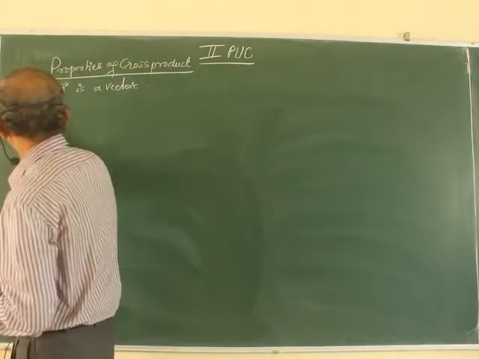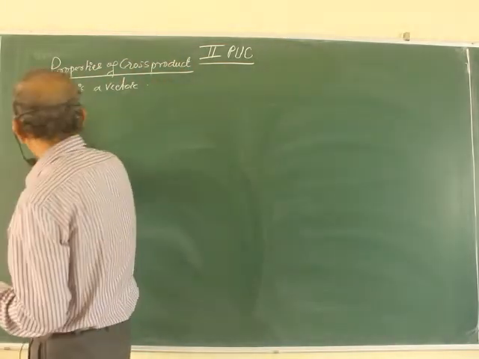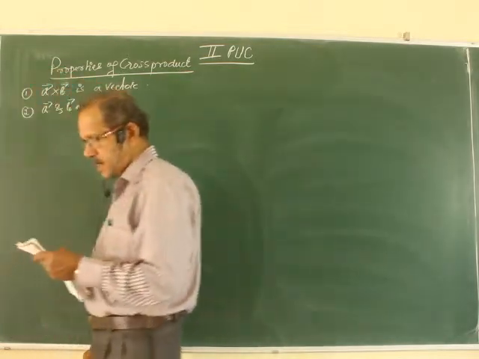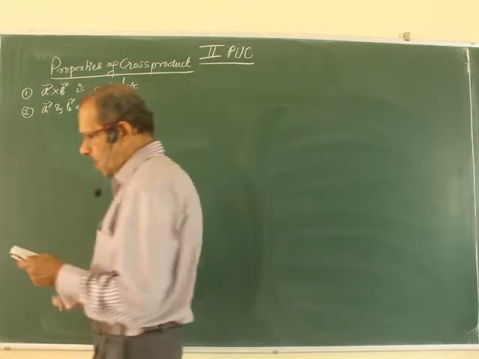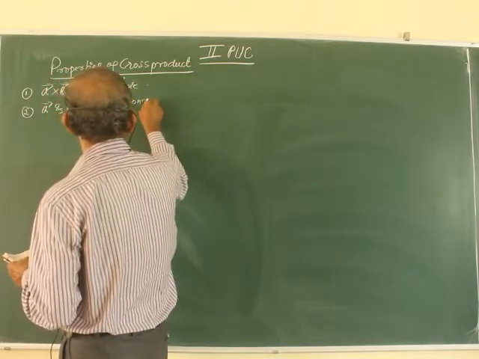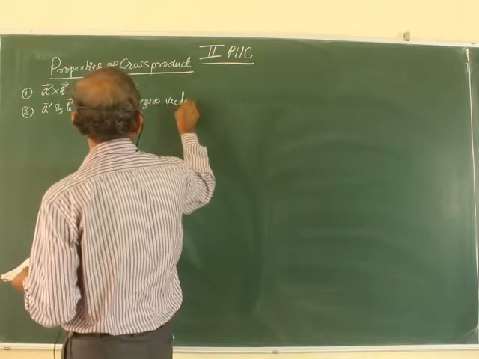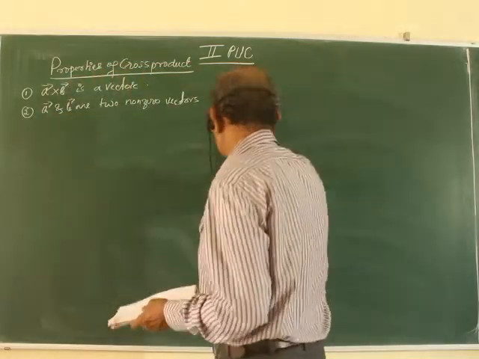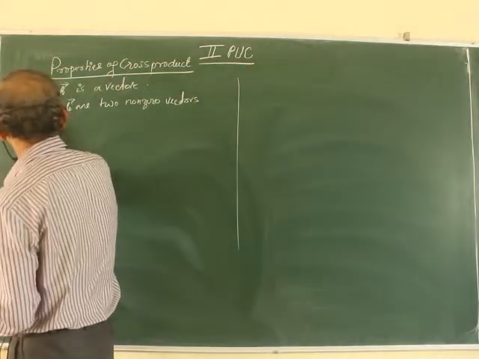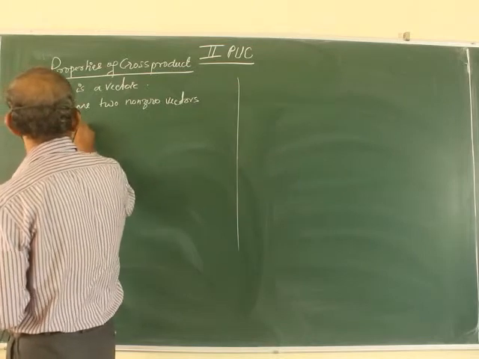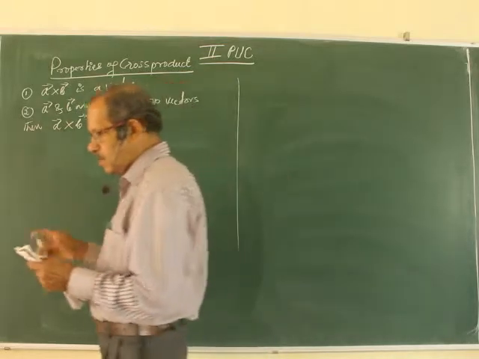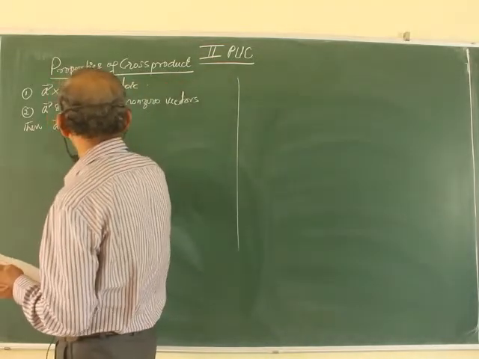Second property. A and B are two non-zero vectors. Then A cross B equal to 0, zero vector.